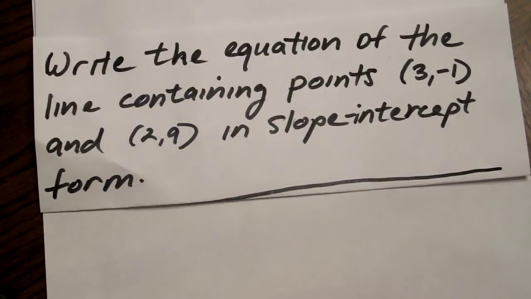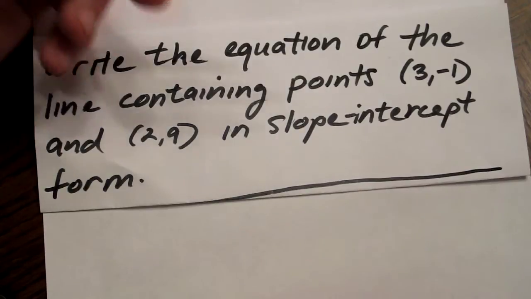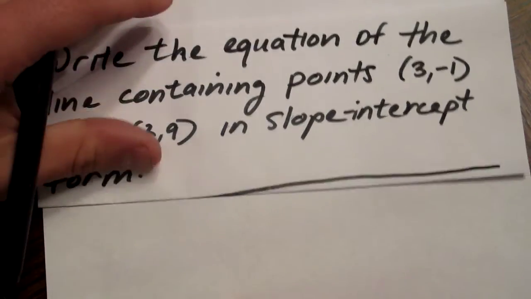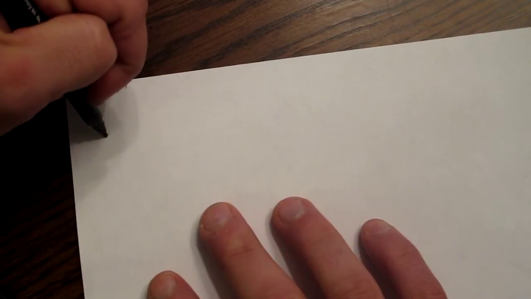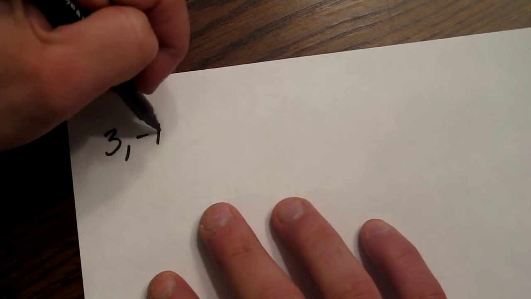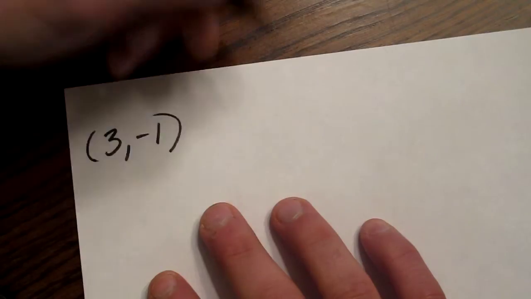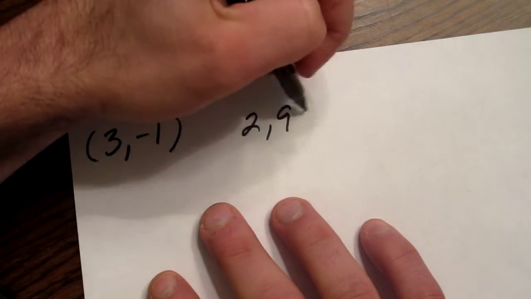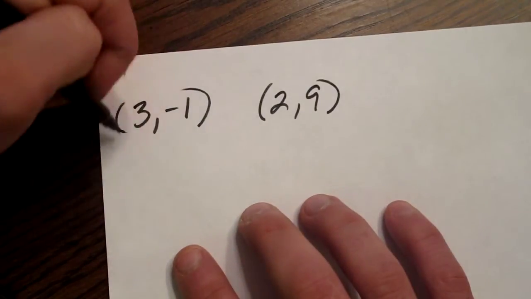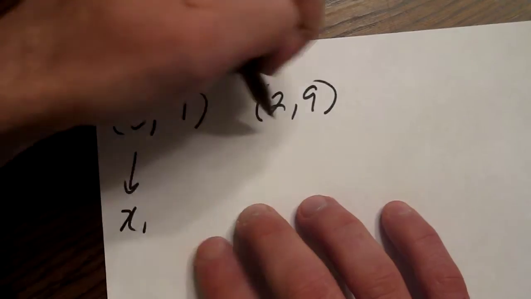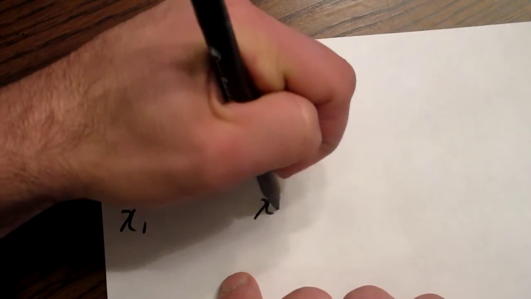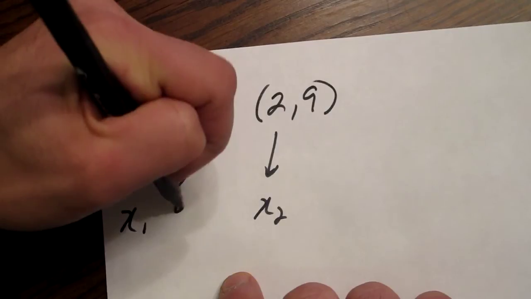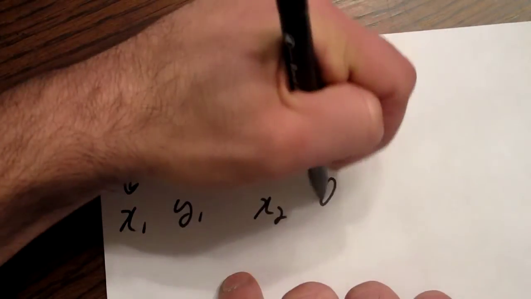So we'll just start out by writing down the points, which we have 3, minus 1 and 2, 9. So that's what we're given. Let's just pick one of these, call it x1, x2, y1, y2.